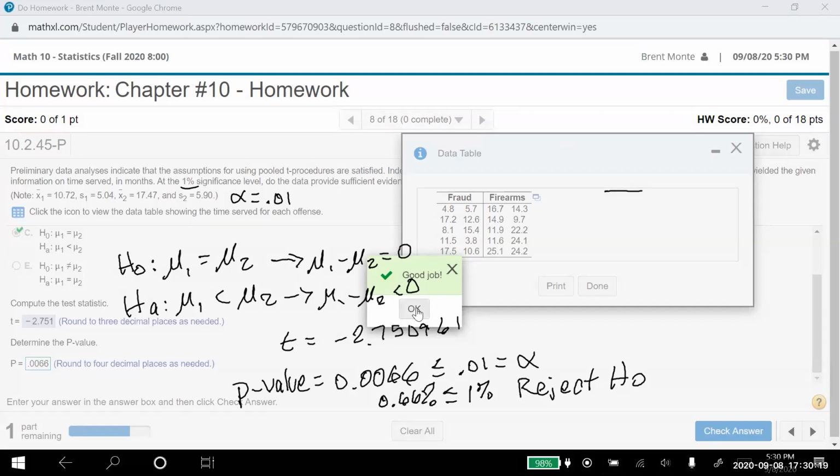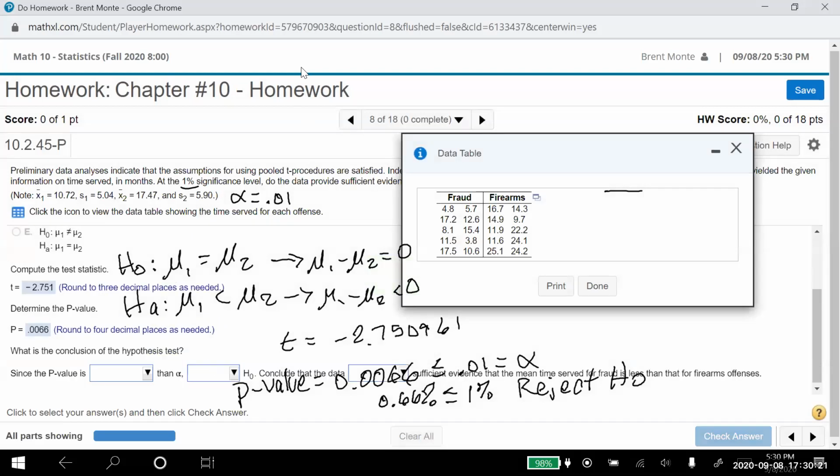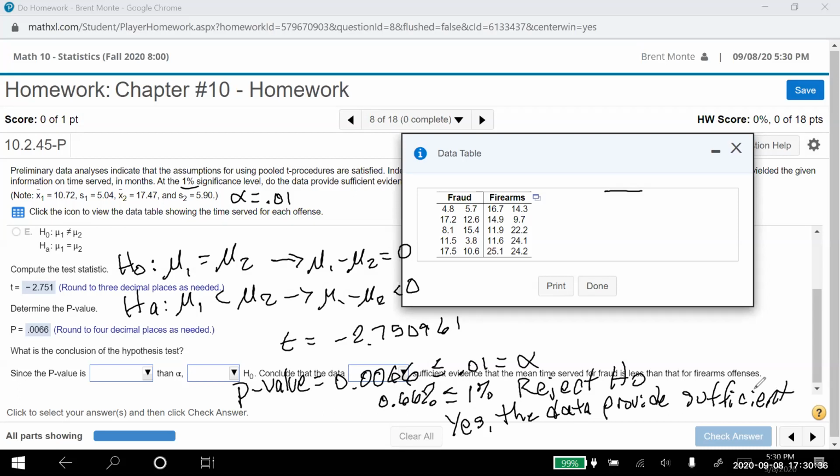So let's answer that. I'll write that down. So our answer, yes, the data provides sufficient evidence that the mean time for fraud is less than the mean time for firearms.